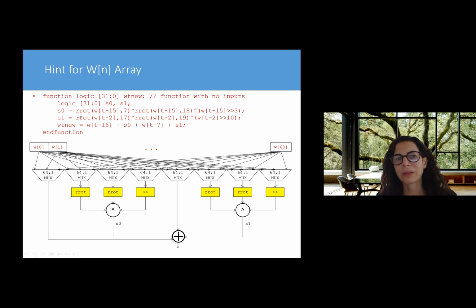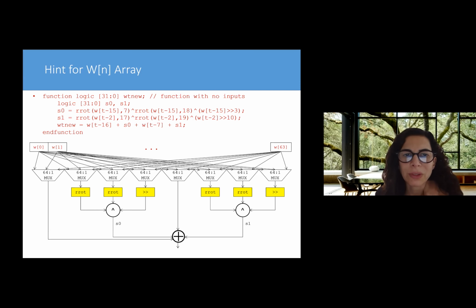Now, pay attention to this. Basically, we have the right rotation of the WT minus 15, and then we have the right rotation of this minus 18, and so on and so forth.